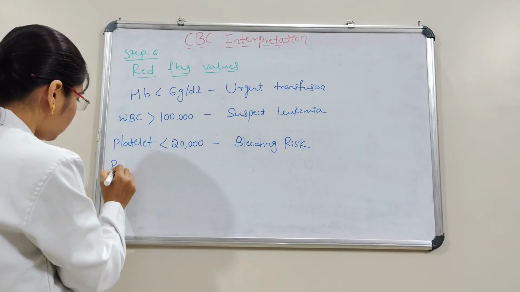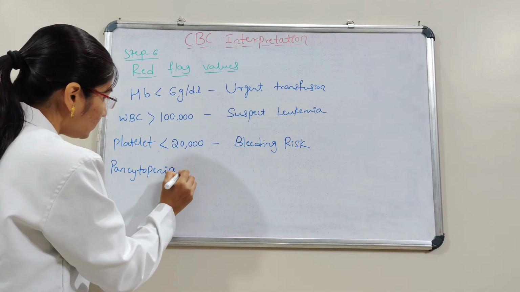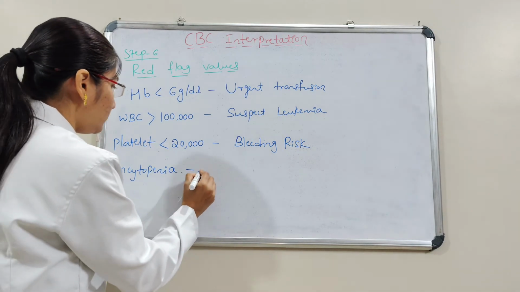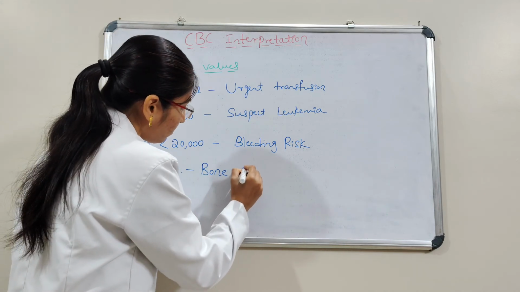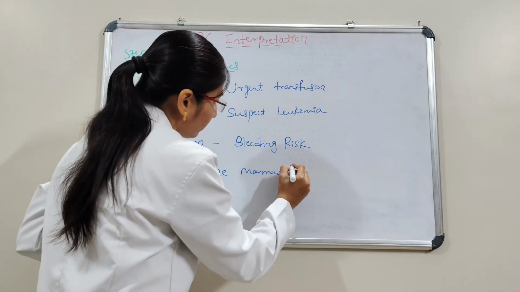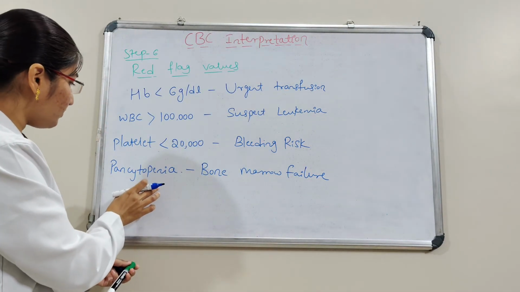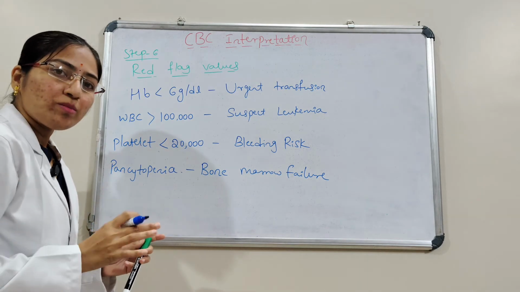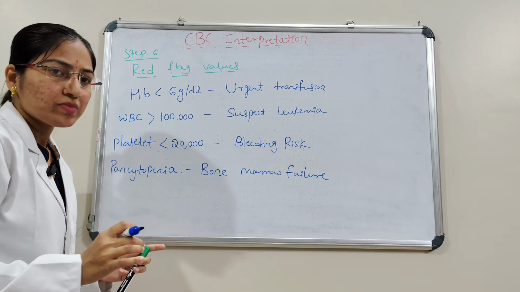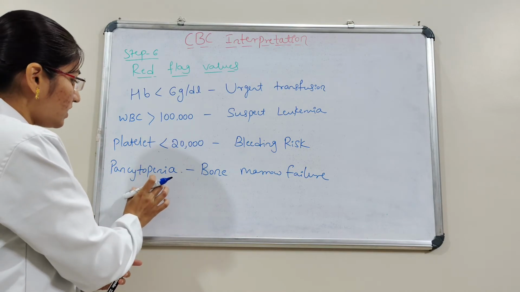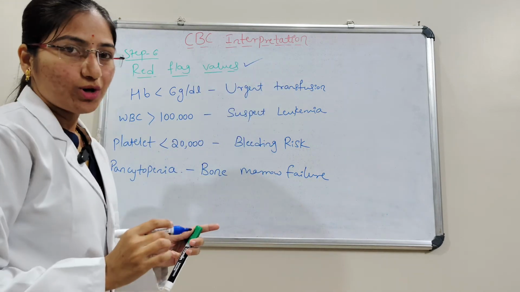And the last one is pancytopenia, which indicates bone marrow failure. Pancytopenia is a lower than normal number of RBC, WBC and platelets, which means bone marrow failure. This is the sixth step, an important one.